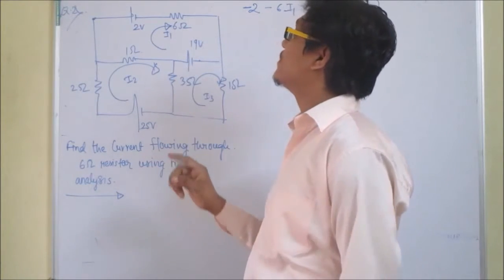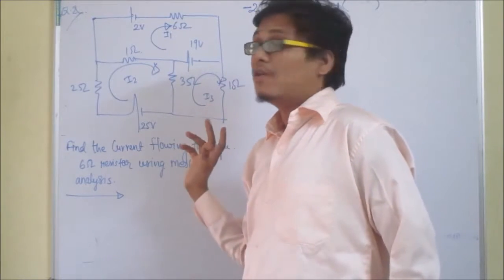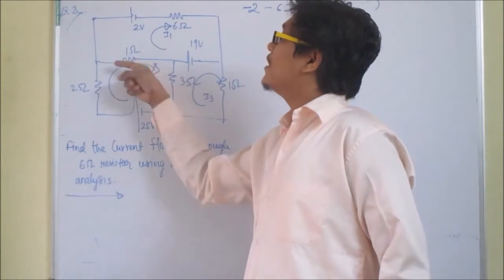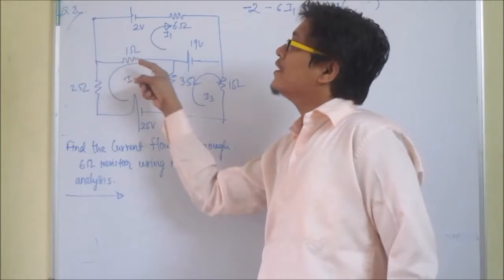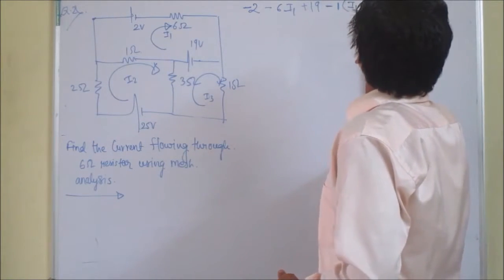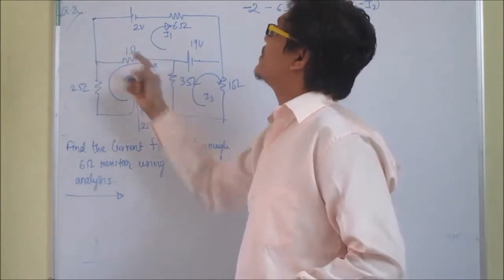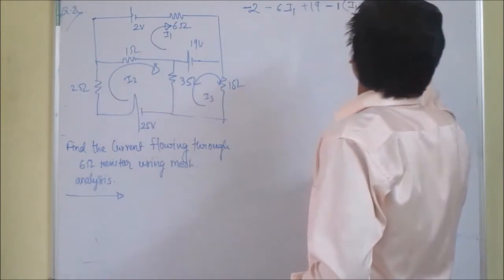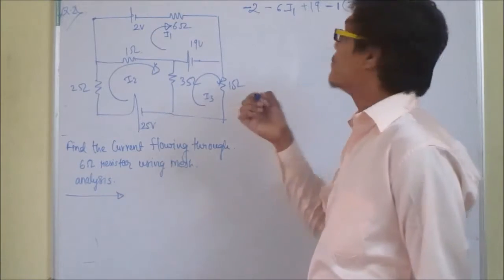I1 is the greatest, and all the rest of the currents are small. Therefore, here a difference between the two currents will be flowing, and it will be denoted by I1 minus I2, as I1 is greater while applying KVL in the first loop.